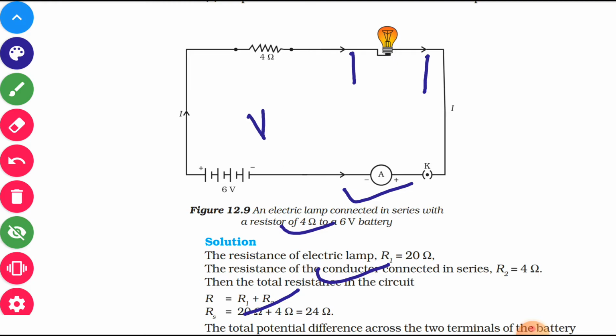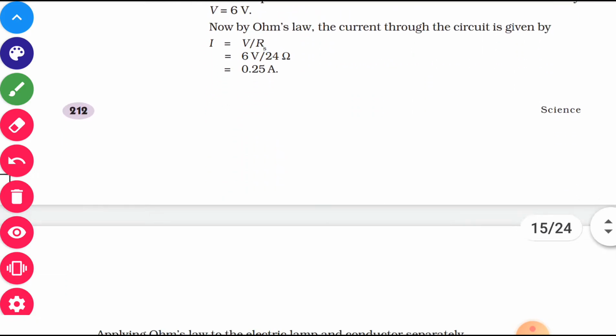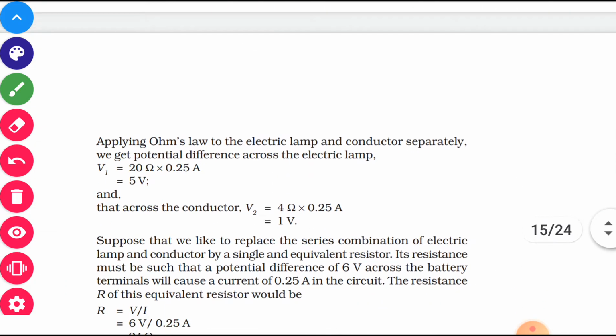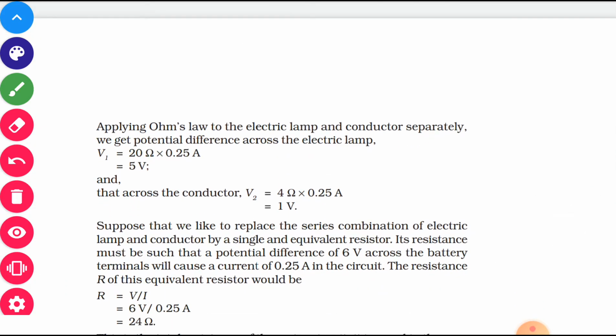So V across the bulb is equal to current multiplied by the resistance of the bulb. Current we found 0.25, multiplied by the resistance of the conductor, which is 4 ohm. So we can easily find 1 volt as the potential difference across the conductor.